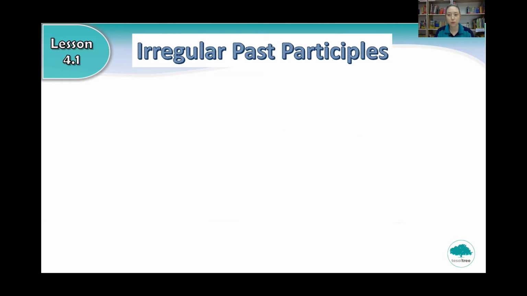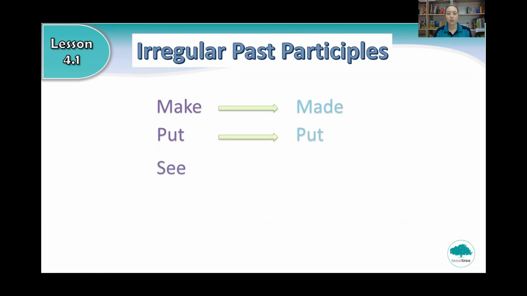And let's go quickly through the irregular past participles. What is the past participle of make? Made, very good. What about put? Put. See? Seen. Very good. Say seen. Very good.